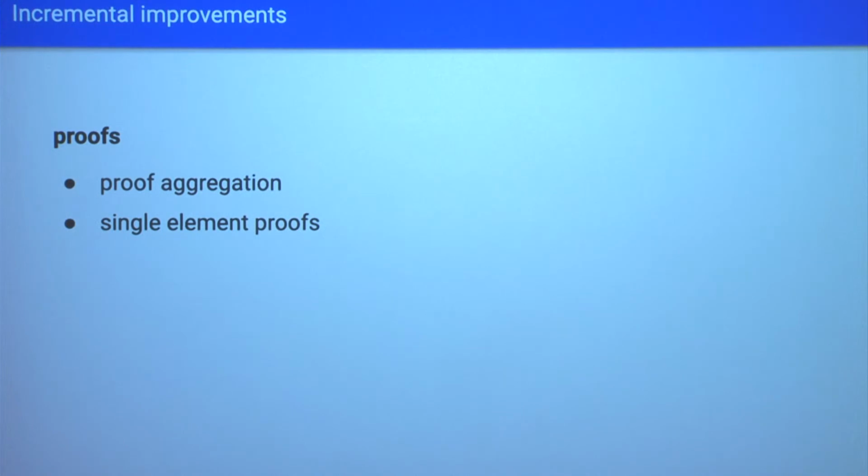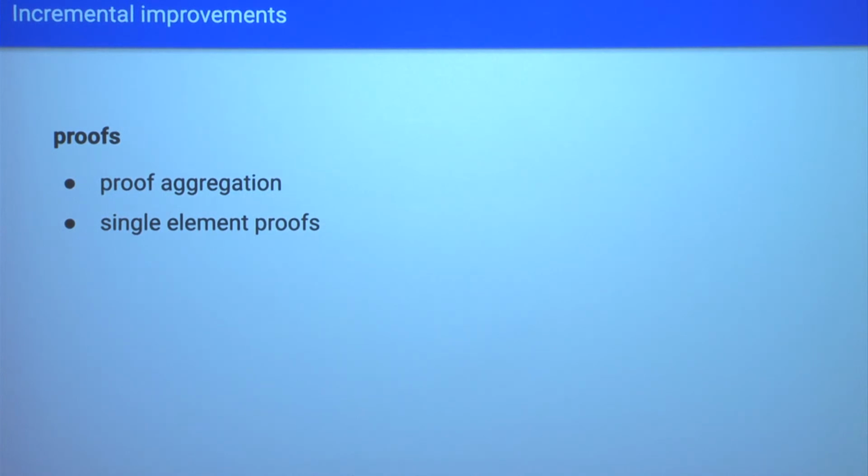These are some of the incremental improvements to the basic cryptographic primitives that we've made during VDF Day 1 and VDF Day 2, and also a bit recently. In proofs, we found ways to aggregate proofs, and that unlocks the possibility to do incremental VDFs. We also found a way to reduce the proof size to just one single RSA element.